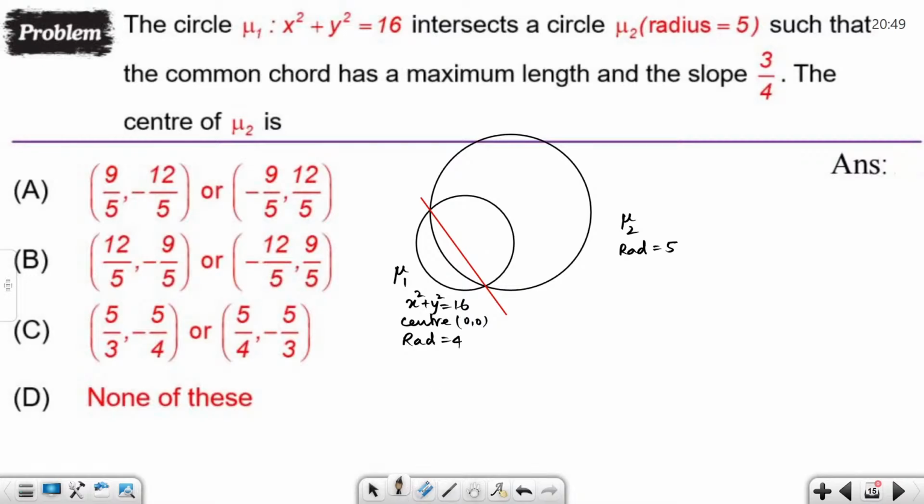Now, which one is the largest chord for any circle? When the chord is the diameter of the circle. Am I correct or not?